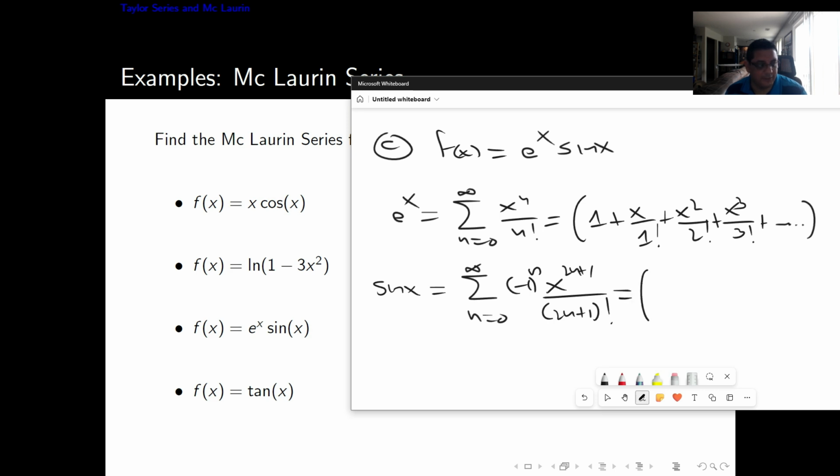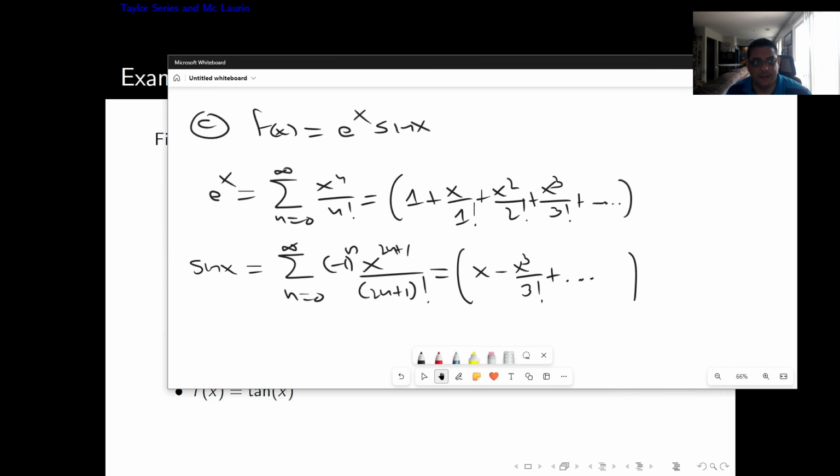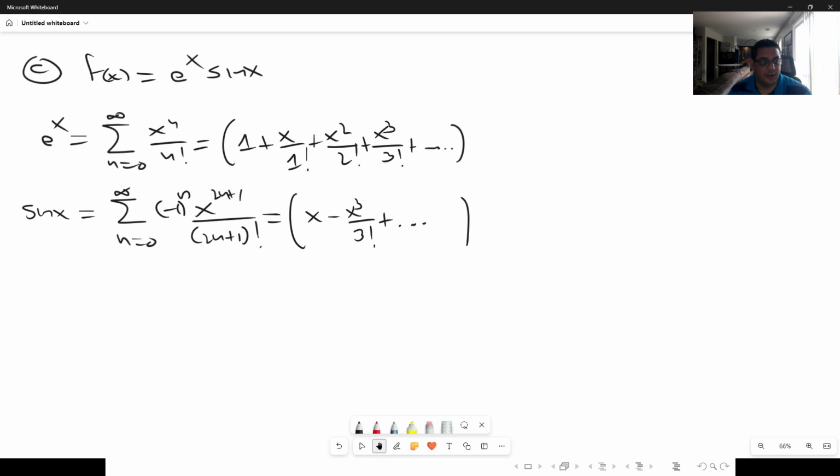And so this means that this is x minus x cubed over 3 factorial plus, and so this continues being a group of numbers that you can use in here, and that you can double check. But the thing is, it's going to be very difficult for me to just multiply series and try to get the multiplication of this with this.